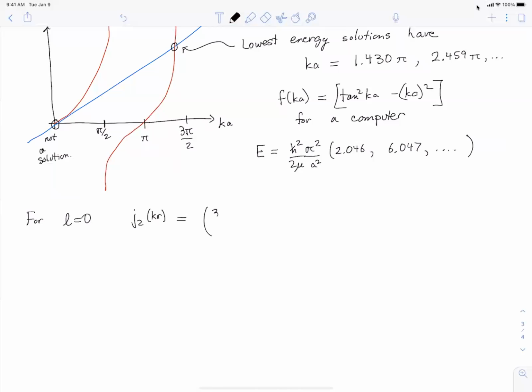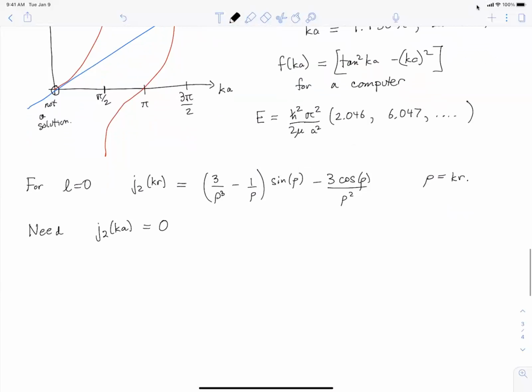So this turned out to be (3 over rho cubed minus 1 over rho) sine rho minus 3 cosine rho over rho squared. Rho is equal to k times r. Okay, and so now you need your computer to solve the equation second spherical Bessel function of ka equals 0.